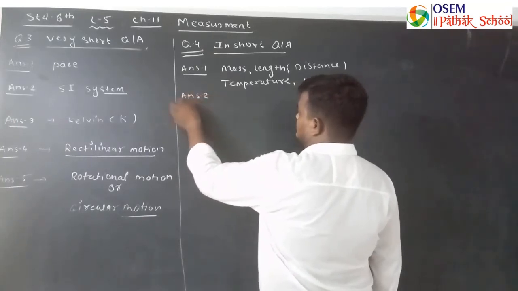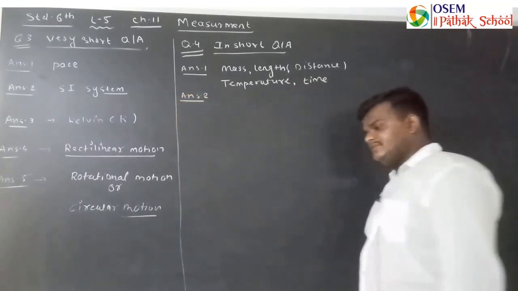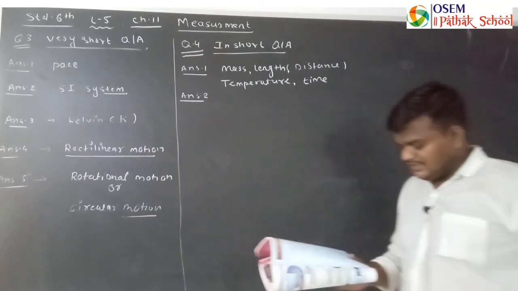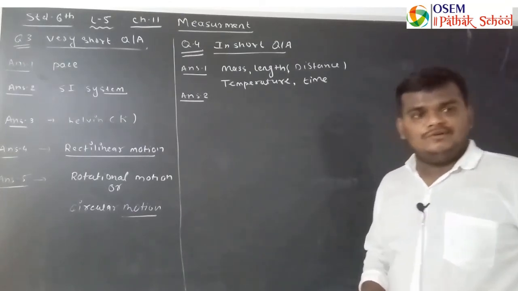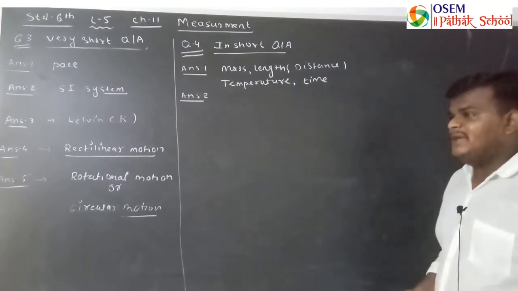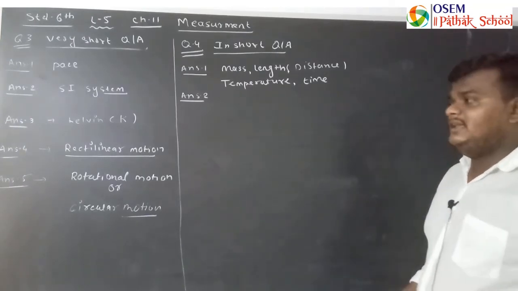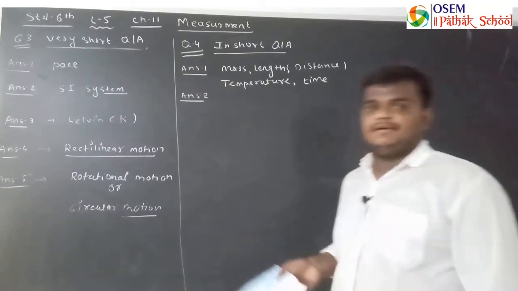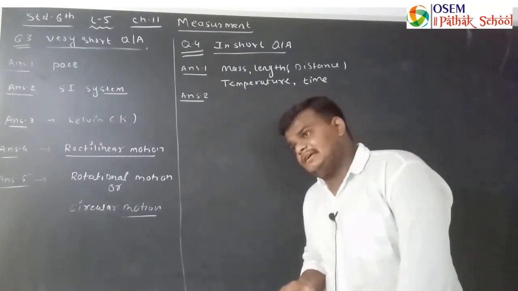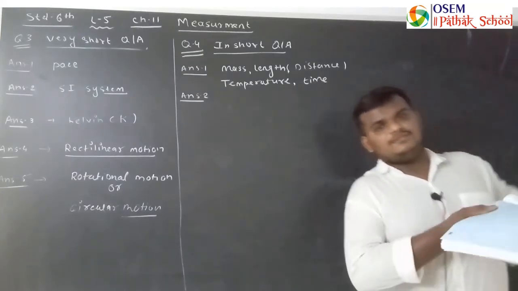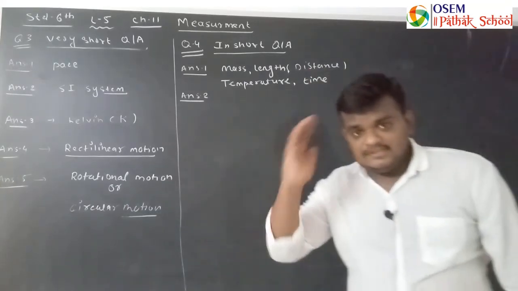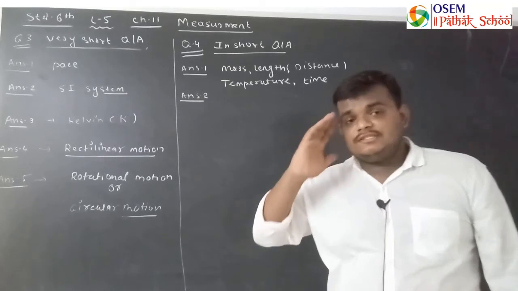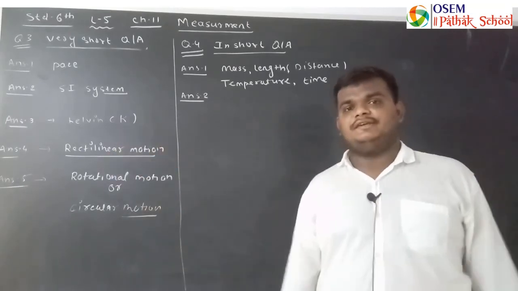Answer number 2. Let's try to understand, what do you understand by the term unit? So unit gives the basic idea of any particular quantity of matter. For example, 1 kg of apple and 5 kg of apple. It creates in our mind that 5 kg of apple has more quantity.